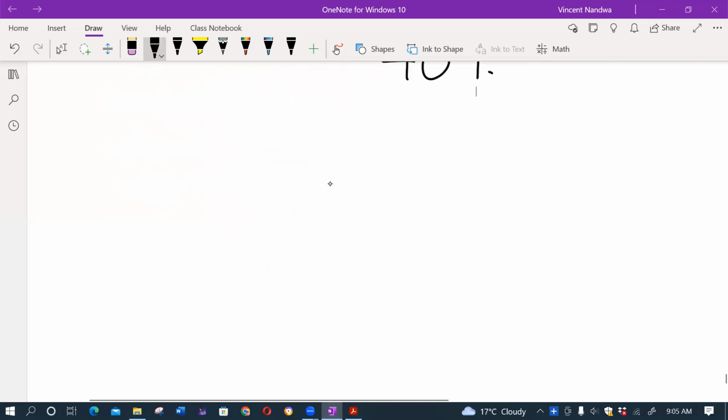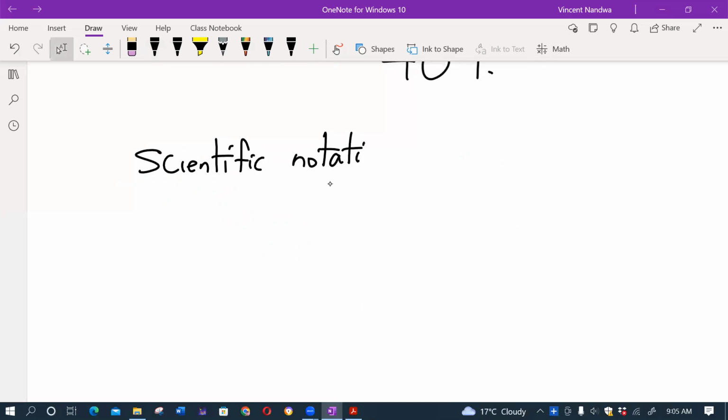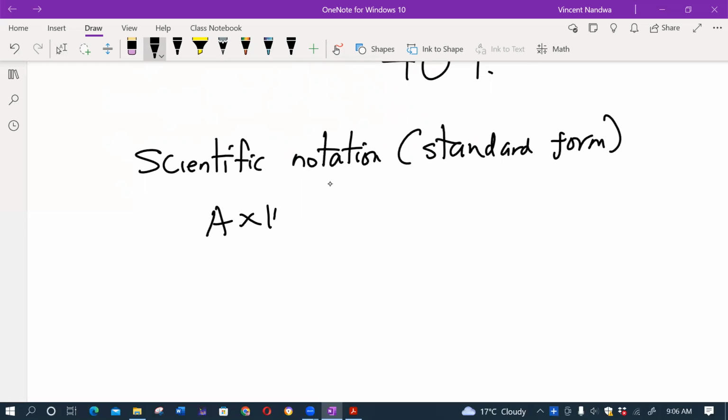So remember, scientific notation, also called standard form of a number, is a times 10 raised to power n, where a is a number between 1 and 10. You include 1 but exclude 10 itself, and n is any integer.